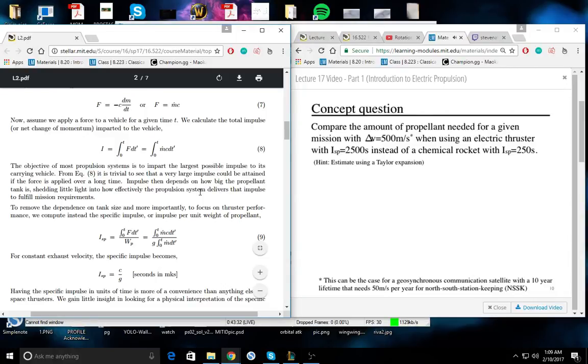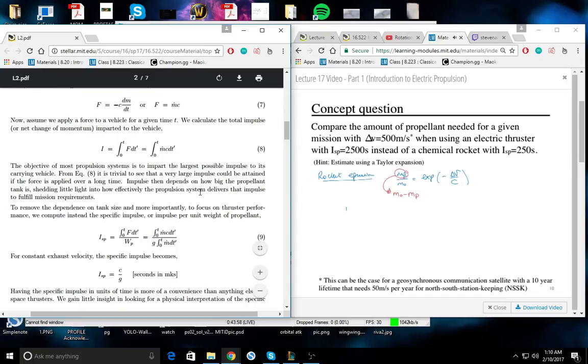I'll just write it down here so that you have it in your notes. From the rocket equation, we have the final mass over the initial mass equals the exponential of minus delta V over C. The final mass is simply the initial mass minus the propellant mass.